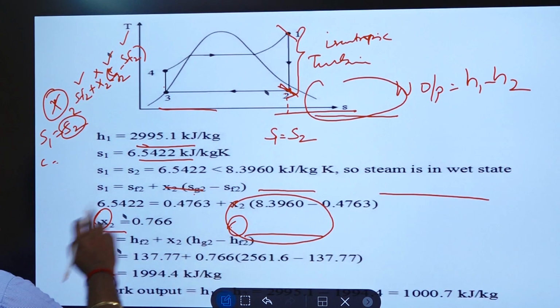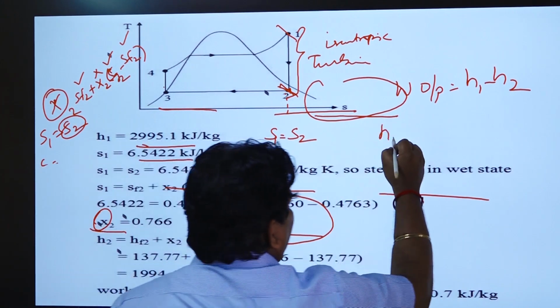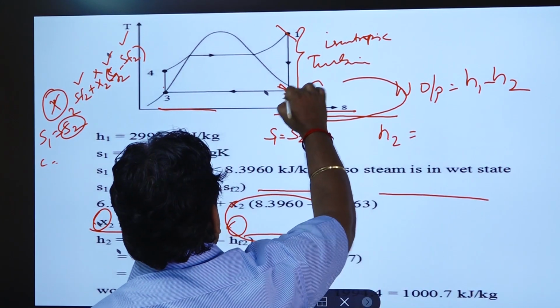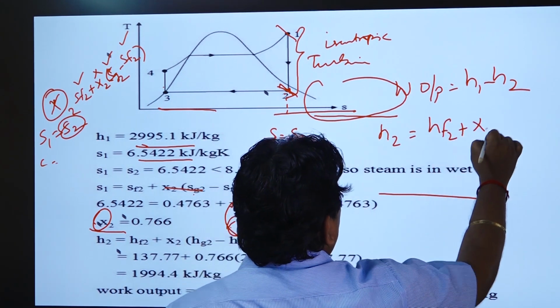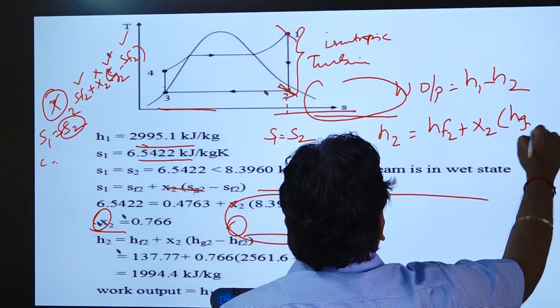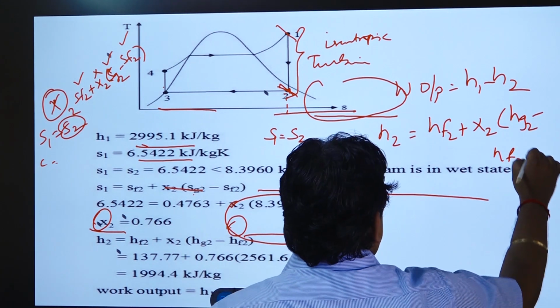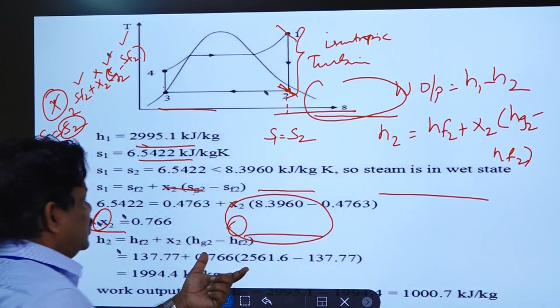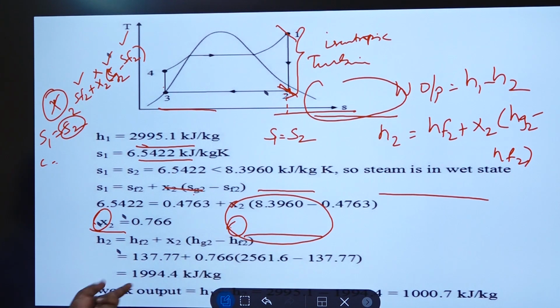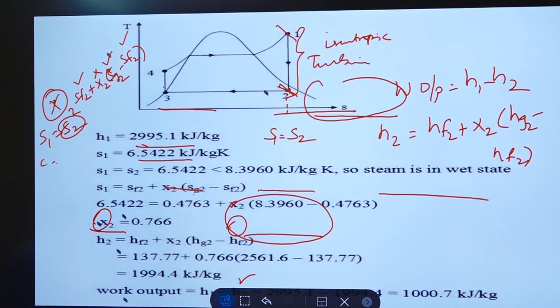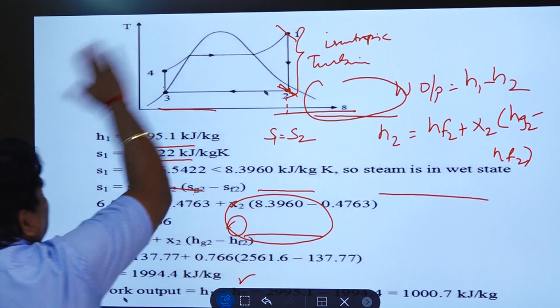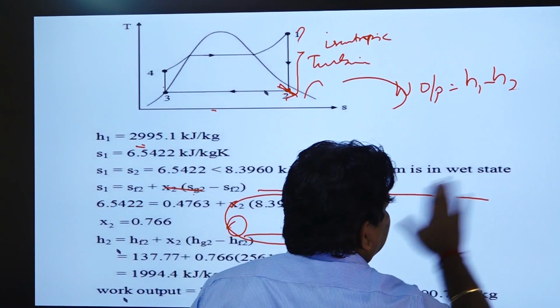If you find the value of X2, you can find the value of H2. Since it is at a wet condition, H2 will be equal to HF2 plus X2 into HG2 minus HF2. All these data are known to us, so simply substitute there and you can find the value of H2. From this H2 you can find the value of the work output, which is what you have to determine in this problem.